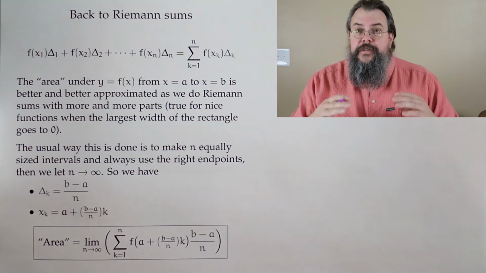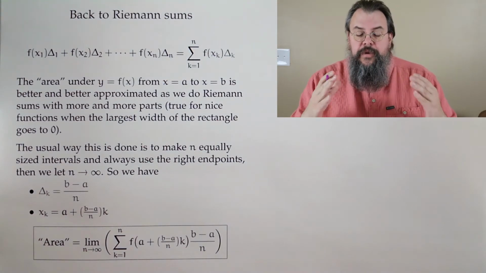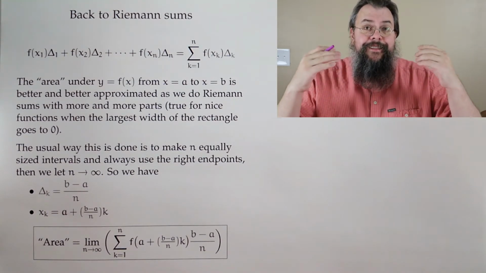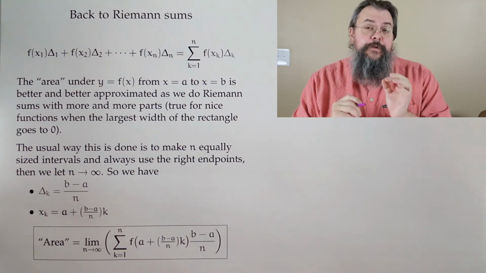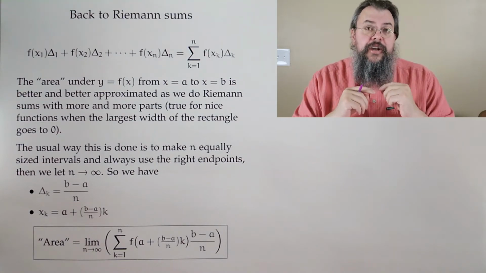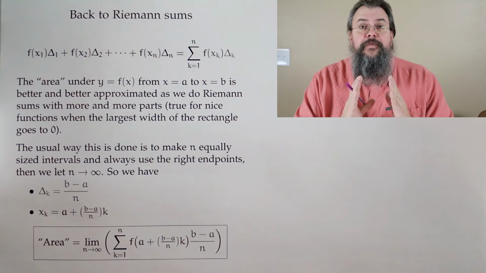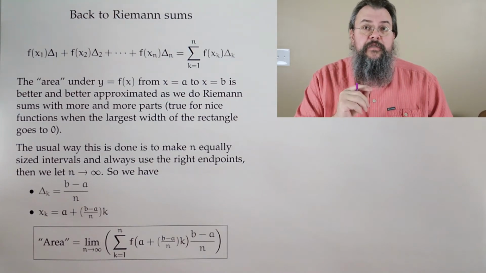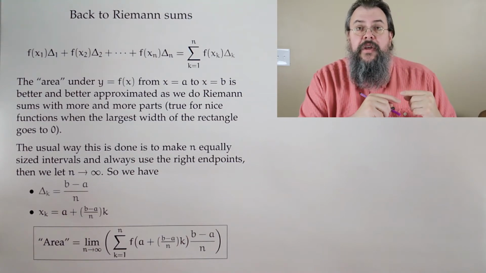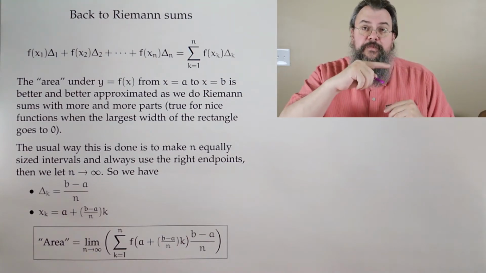So, of course, better and better approximations means what? We want to let the number of rectangles get large. Technically what we want is to say, look, each rectangle is a very good approximation. The way we can guarantee a good approximation is to say that the height is going to be pretty accurate. In other words, the height won't change much.